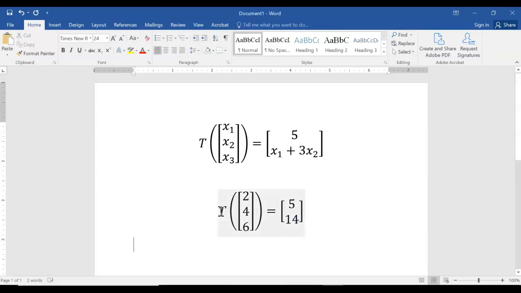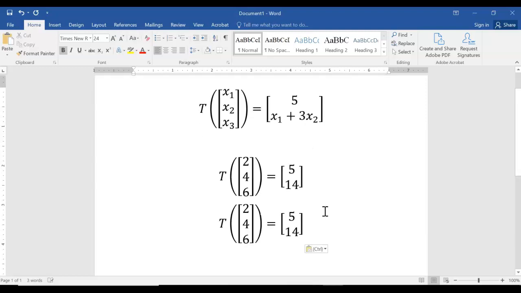What if we plug in some other vector? Let's say we plugged in the 0 vector: 0, 0, 0. My first entry is going to be 5.